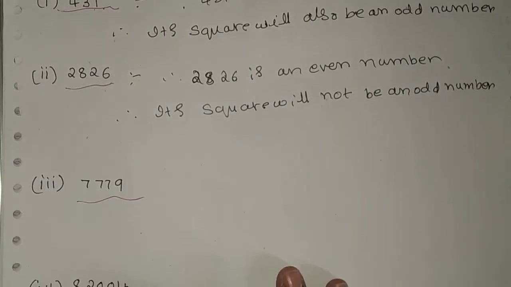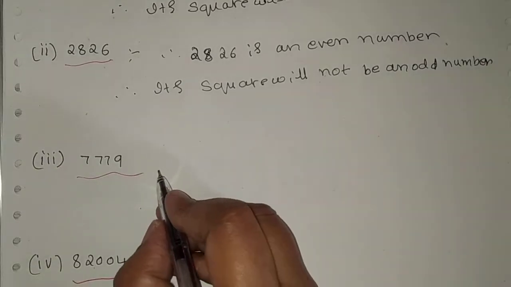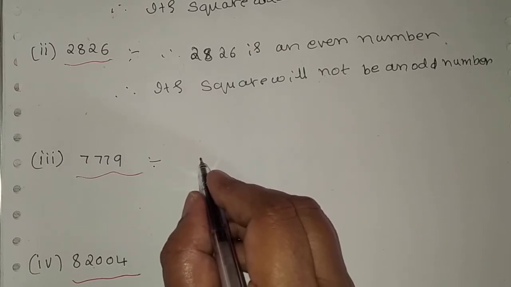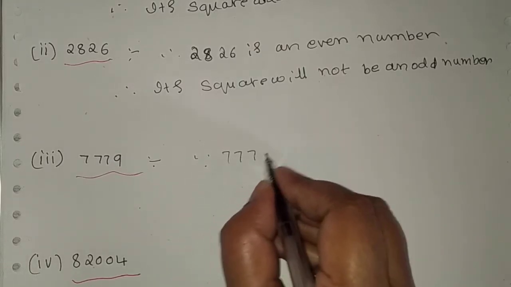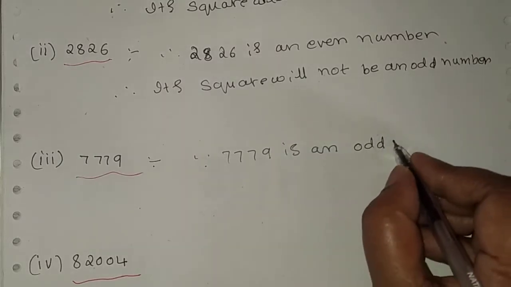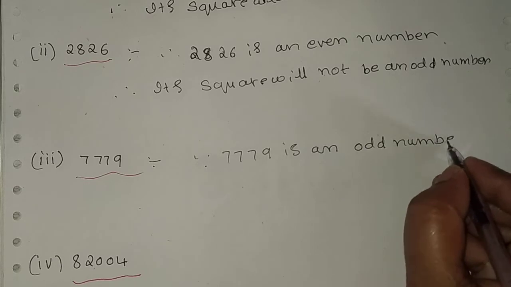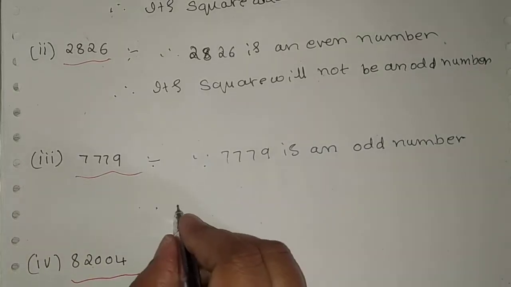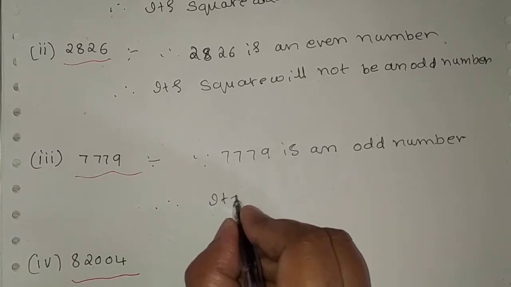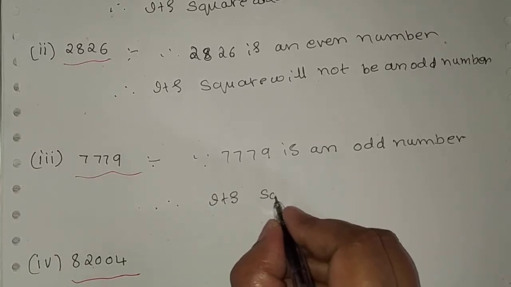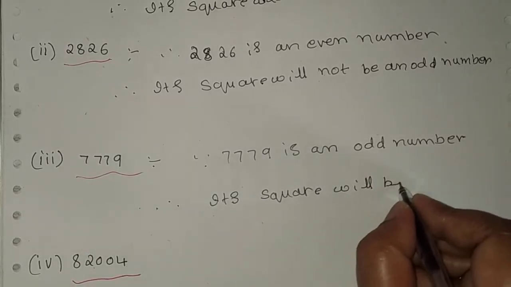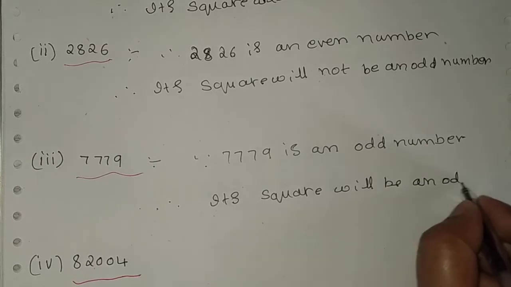So next they have given 779. Here this is an odd number because 779 is an odd number. Therefore, what happens? 9 into 9, 81. Its square will be an odd number.